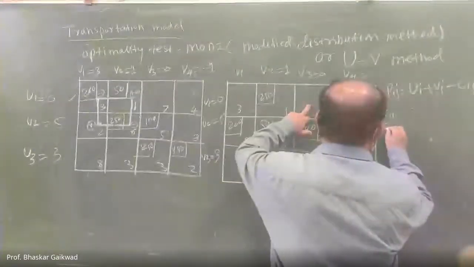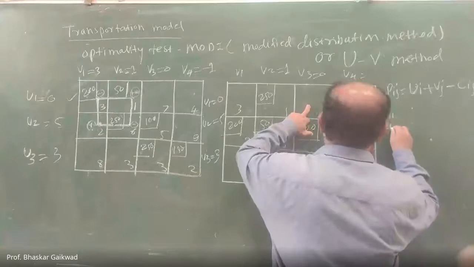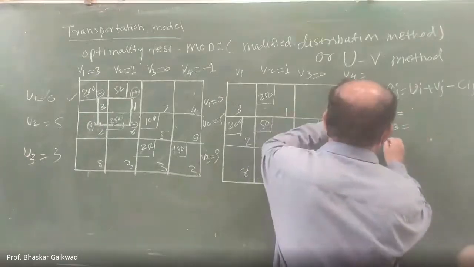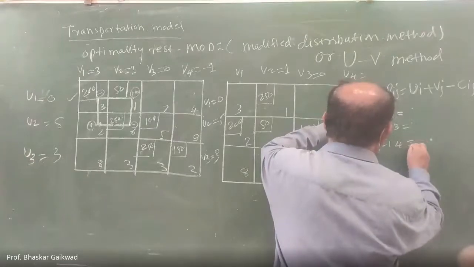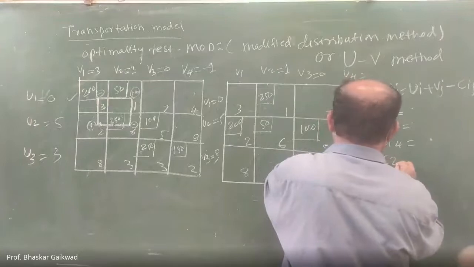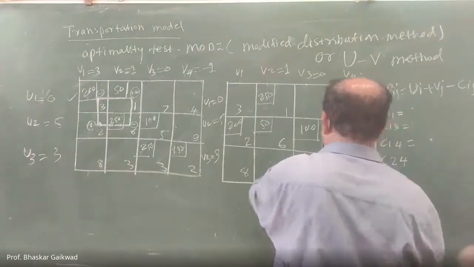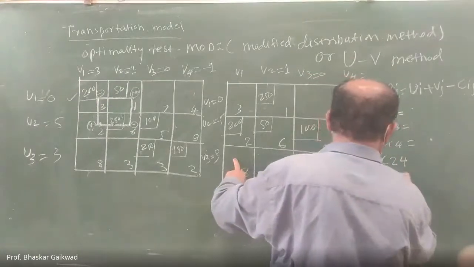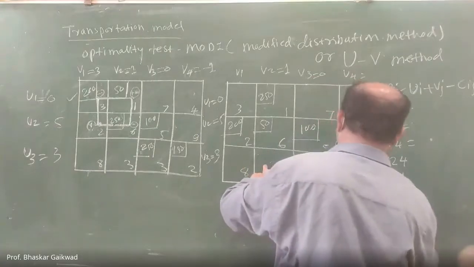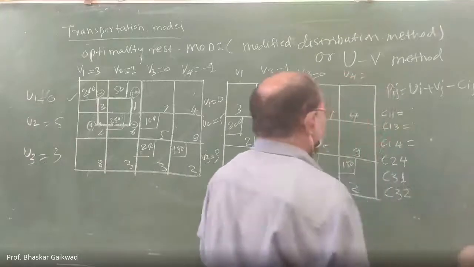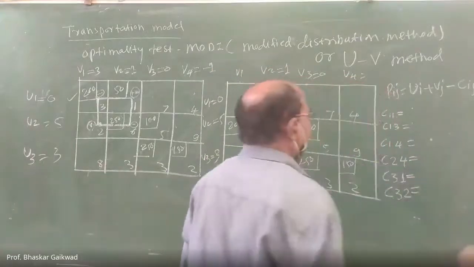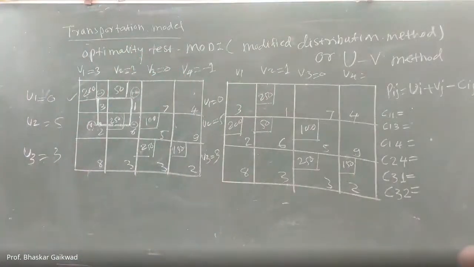Then first row, fourth column. Then second row, fourth column. Third row, first column. Third row, second column. These values you have to calculate.